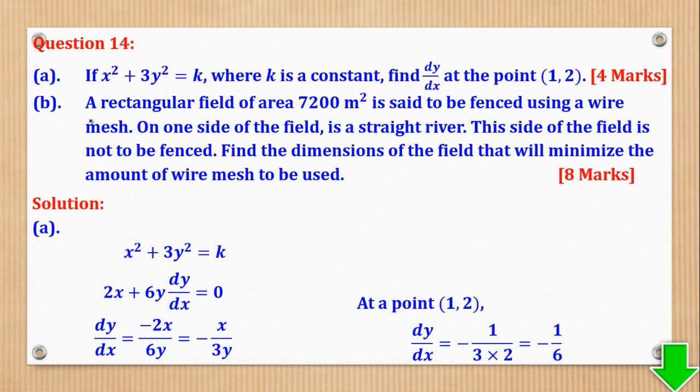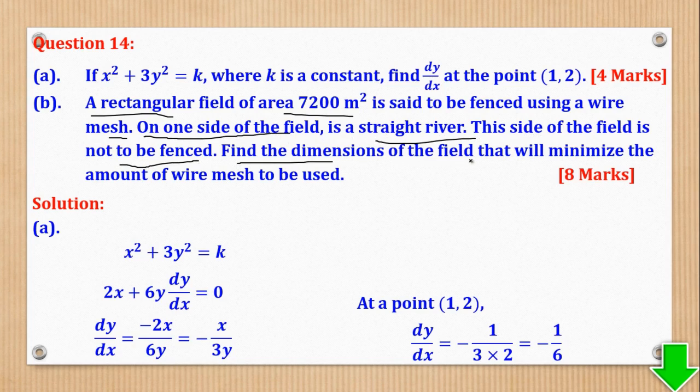Then part B, a rectangular field of area this is said to be fenced using a wire mesh. On one side of the field is a straight river. This side of the field is not to be fenced.